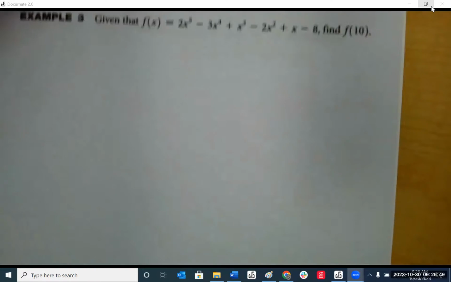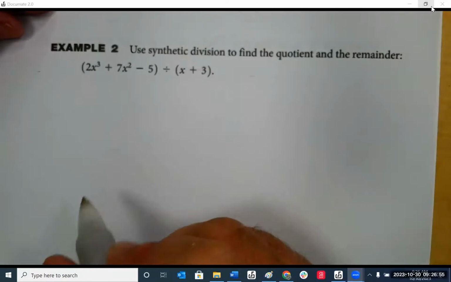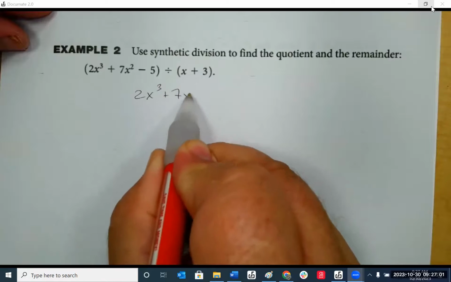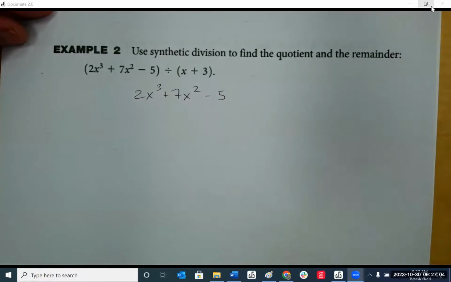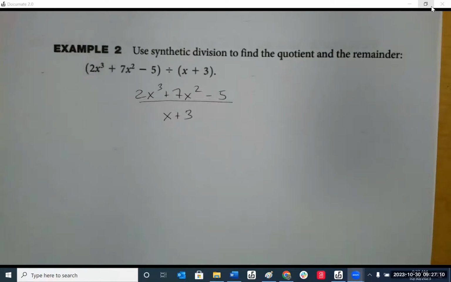Oh, I gave you an example here too. Let's see here. Well, that's right. I'll go ahead and run through this one real quick. Use synthetic division. So what that really means is 2x cubed plus 7x squared minus 5, divided by x plus 3. Can we use synthetic division? Yeah, because the bottom is x plus or minus a number.